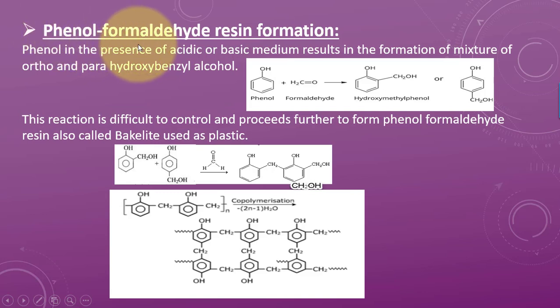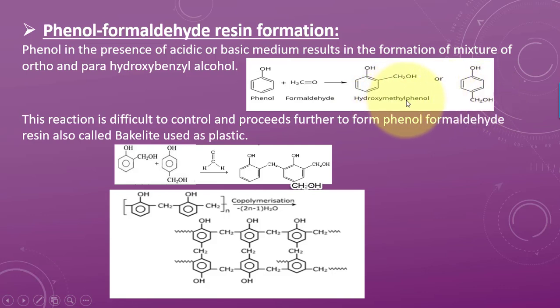Next one is phenol formaldehyde resin formation. This is actually condensation reaction. In this reaction, phenol in the presence of acidic or basic medium reacts with formaldehyde and results in the formation of hydroxymethyl phenol, which is mixture of ortho and para substituted product.